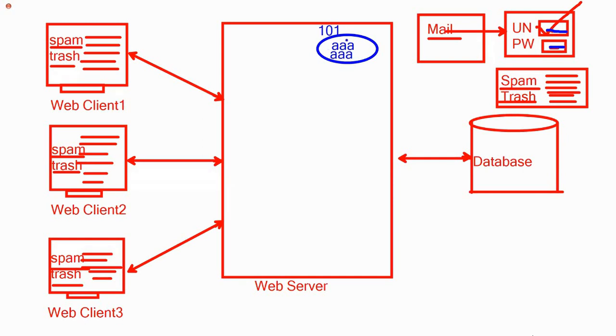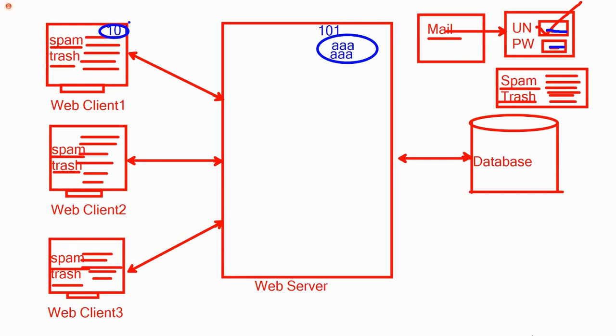Now, assume the ID 101. Then the inbox is passed to the client system. Whenever the inbox is received, with the inbox this 101 is also received. It is stored in the browser, 101. Say you are typing username and password and you click the submit button.